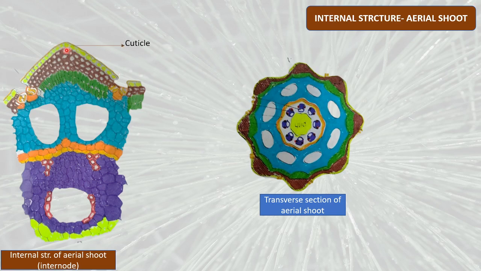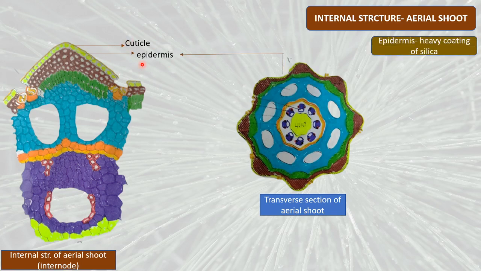Now this is the cuticle, the outermost covering present is the cuticle, and below the cuticle is present the epidermis, right? So the epidermis has the presence of silica. There is a very heavy coating of silica present, as I told.